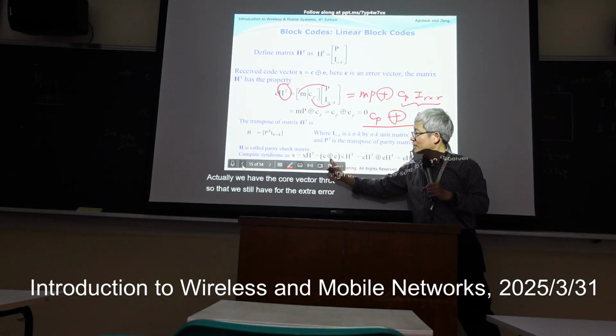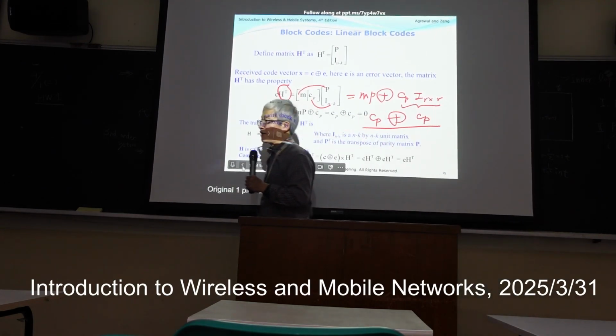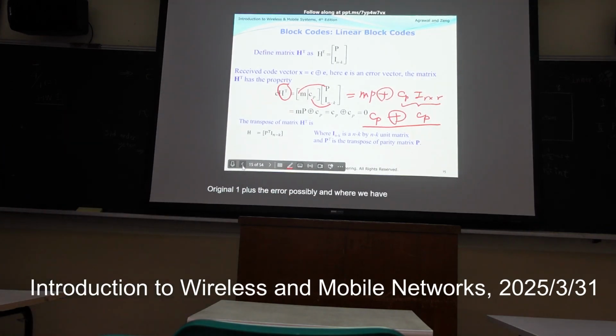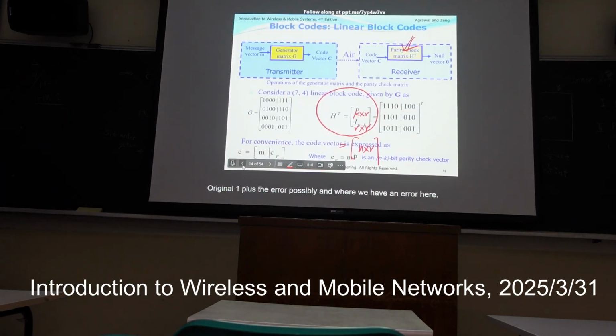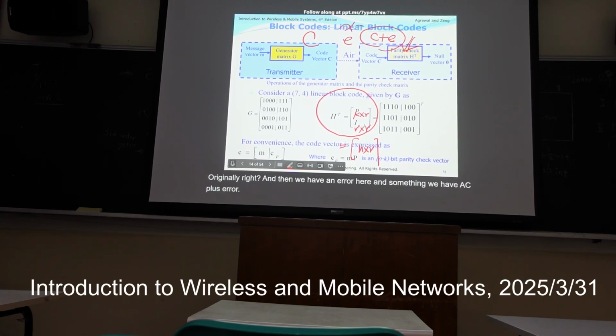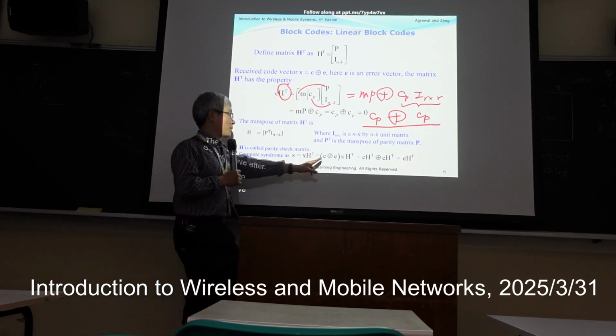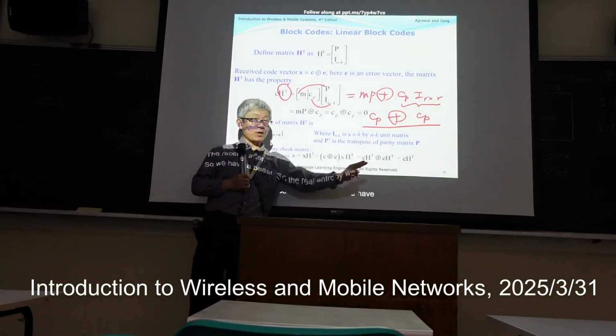So the original codeword C plus the error, and we have the error here, so C plus error is equal to X. Oh, okay, the received vector. So the real one should be we have the errors. So finally we have that.